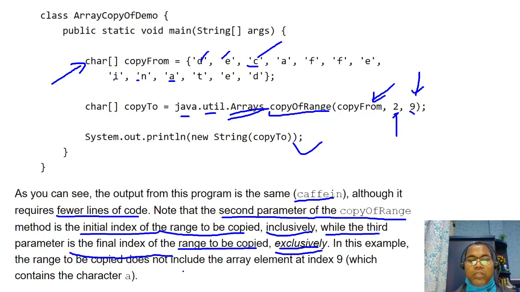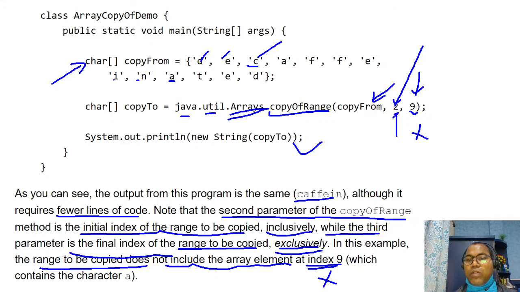So in this example the range to be copied does not include the array element at position 9. Exclusive means you just skip the ninth position; the ninth position data cannot be considered. Inclusive means starting from 2.